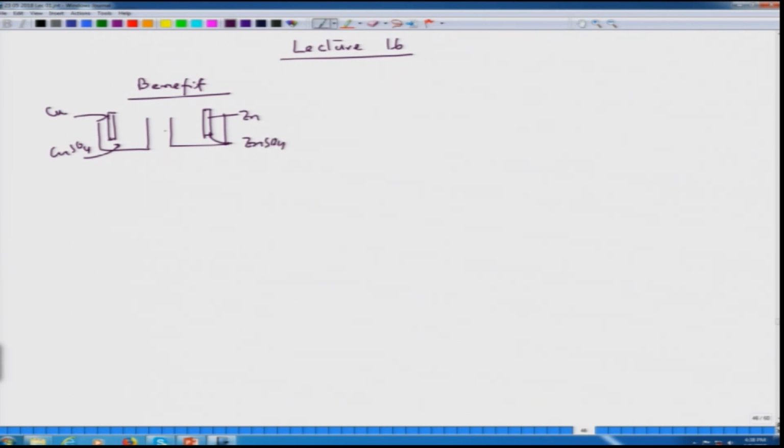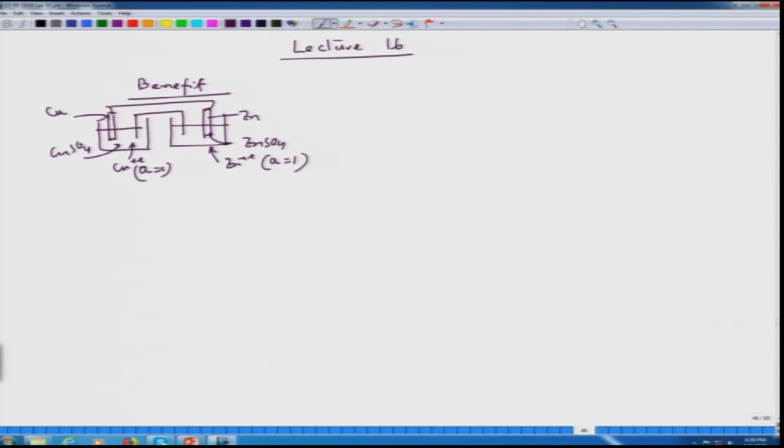If we connect them with a salt bridge, since this solution contains copper ions and here it contains zinc ions, and if activity is 1 here and activity is 1 here, then definitely we can achieve standard reduction potential.